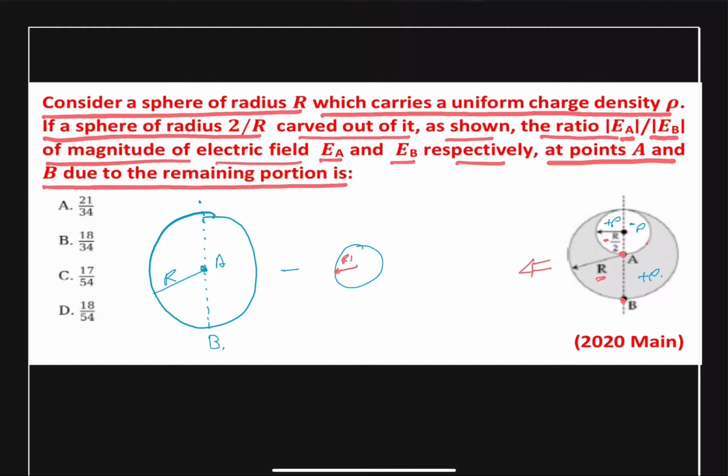So point A is lying on its periphery, and point B is outside of the sphere. And the distance between A and B is R. So the complete distance of point B from the center of the small sphere will be R plus R by 2, which gives us 3R by 2.